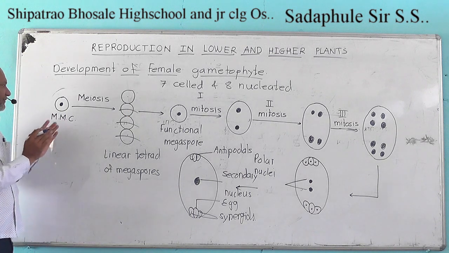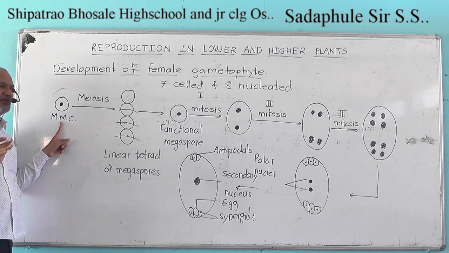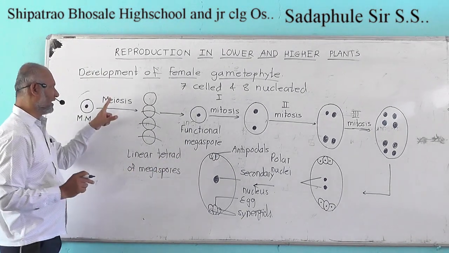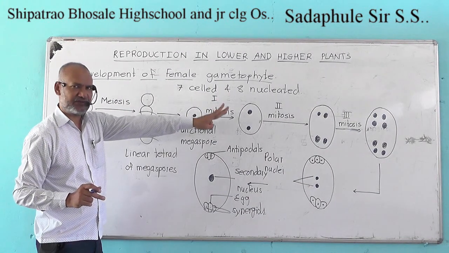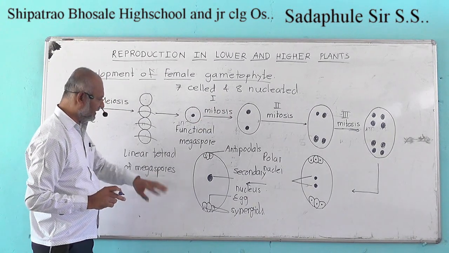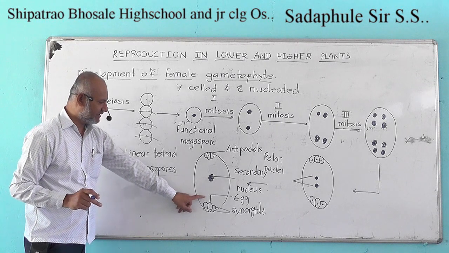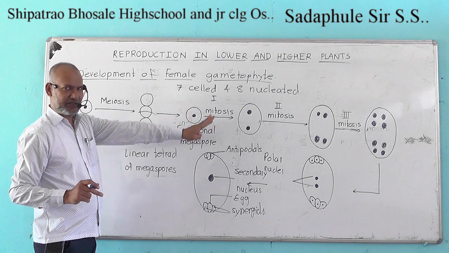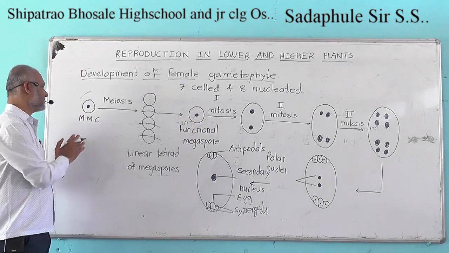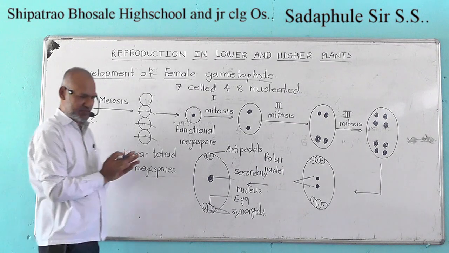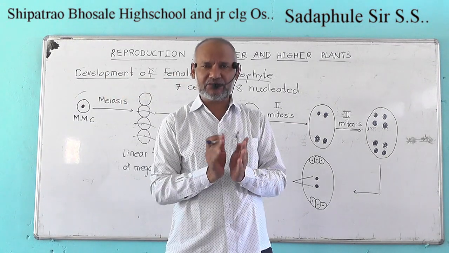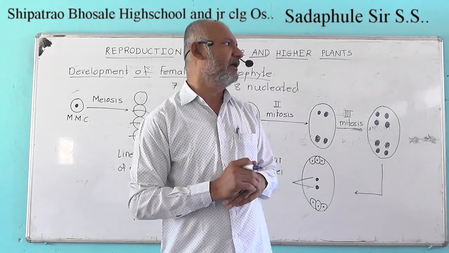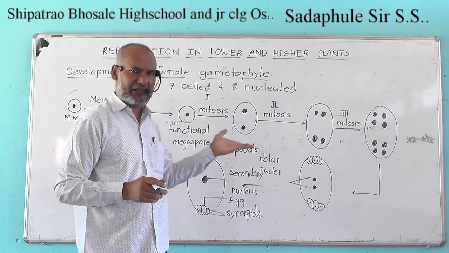If we start with the megaspore mother cell, then for formation of one female gametophyte, it requires 1 meiosis and 3 mitotic divisions. Similarly, for formation of a single egg, it involves 1 meiosis and 3 mitotic divisions if we start from the megaspore mother cell. So, we conclude. We have studied the structure of the anatropous ovule and development of the female gametophyte.